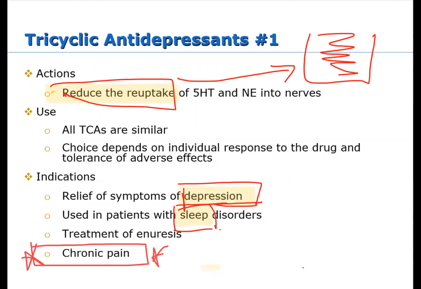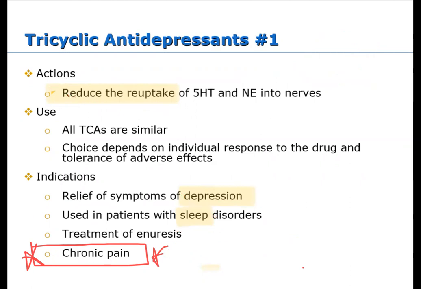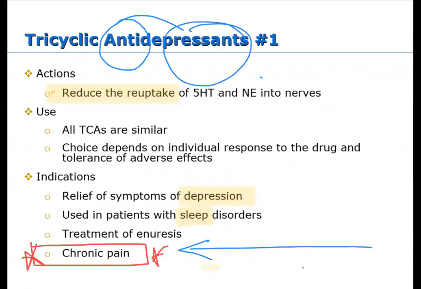And the one thing that's very, very important about them is that they are treated as an adjuvant medication for chronic pain. Remember when we discussed in MedSurg about medications for pain, analgesia versus adjuvants? Well, this is what it means. These are the type of medications that are used widely in chronic pain management, as well as antidepressants, okay?